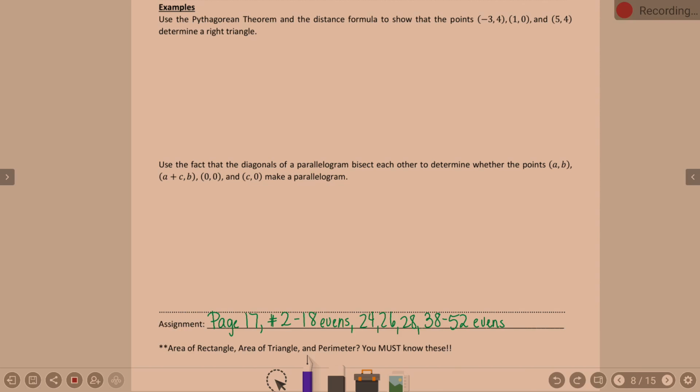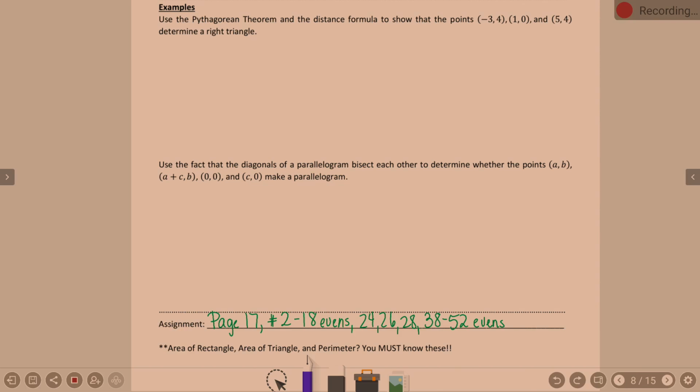Are we processing what they want us to do here? We're trying to prove that these three points are a right triangle.